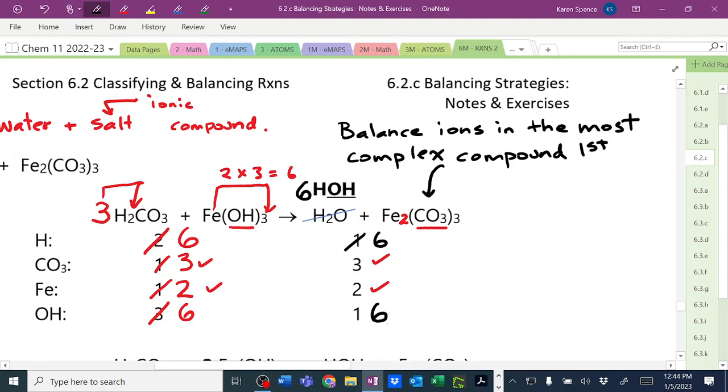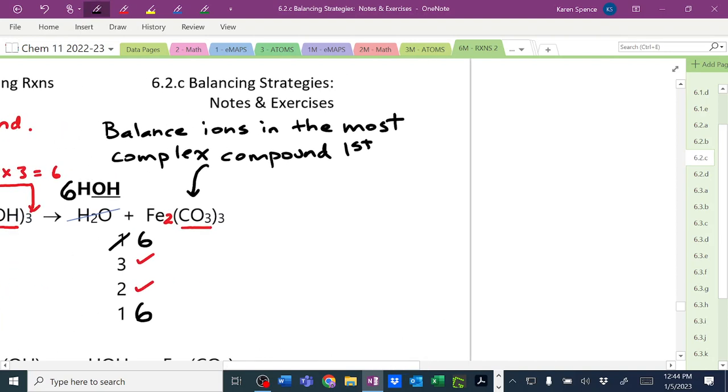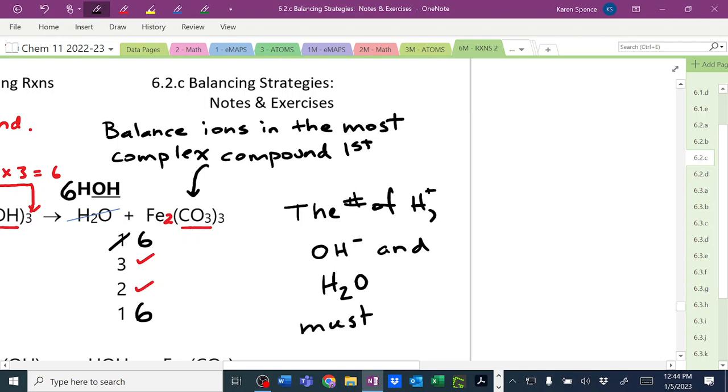There is another way to balance acid bases if you like. I'll just mention it over here. The number of hydrogen, hydroxide, and H2O must all be the same.